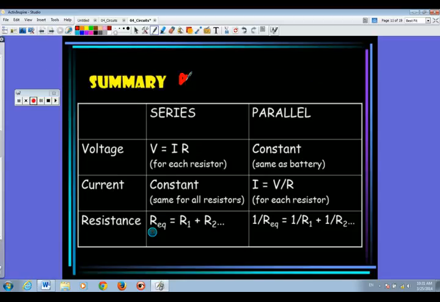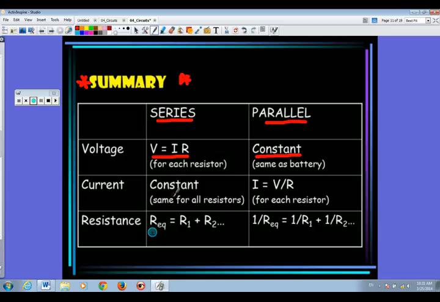Summary. This is the page you need to remember right here. These are the fundamentals. You have a series circuit, you have a parallel circuit. In a series circuit, the voltage equals current times resistance. In a parallel circuit, this is constant.